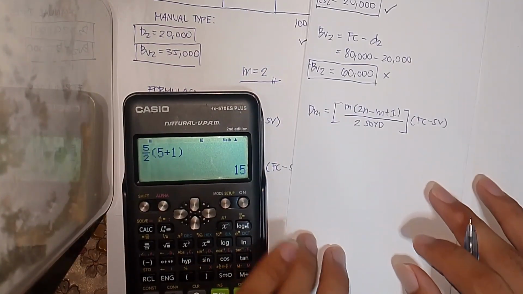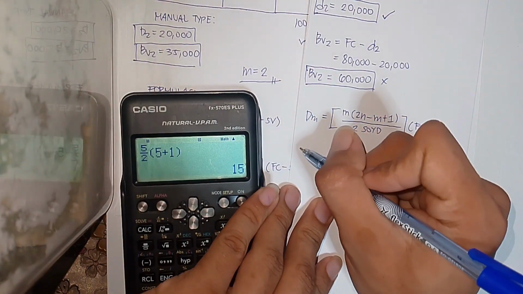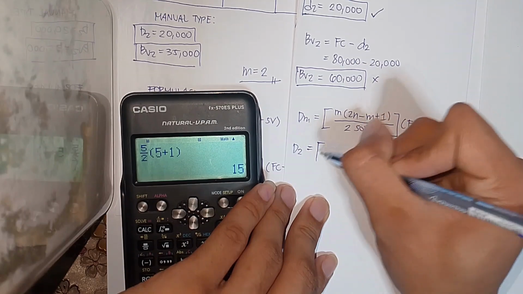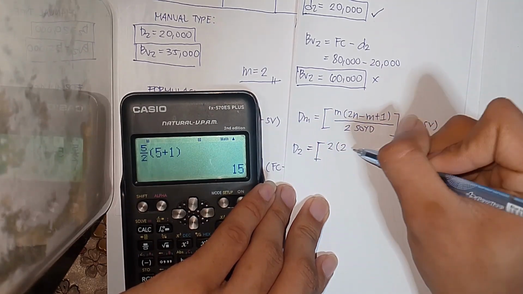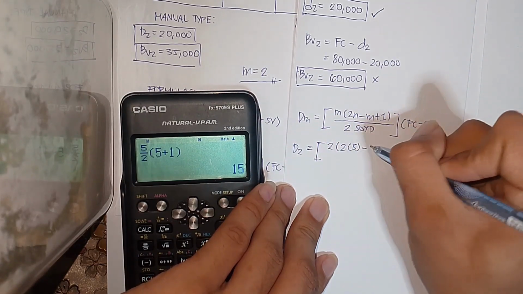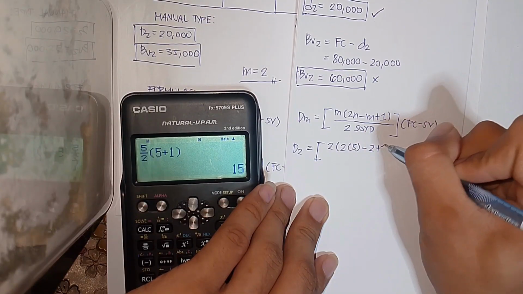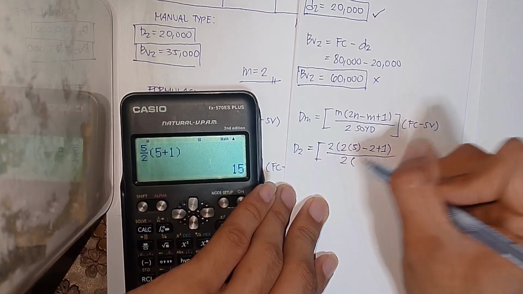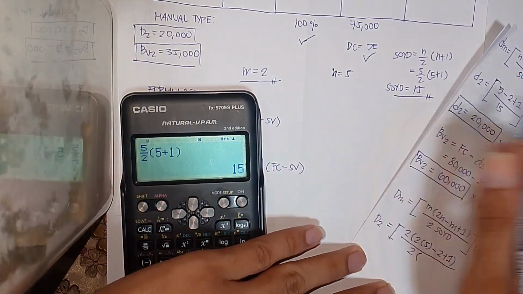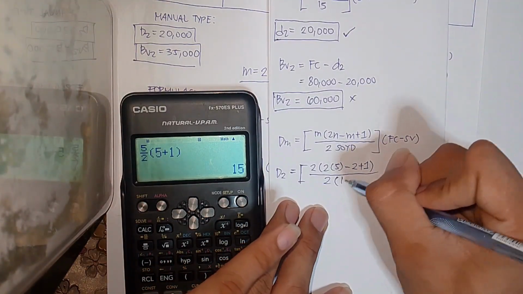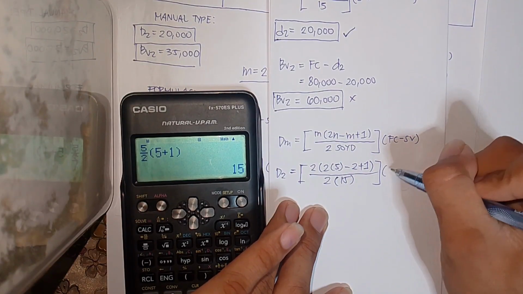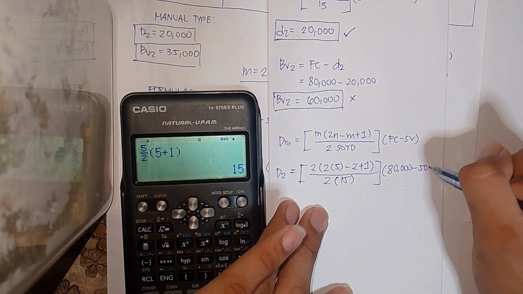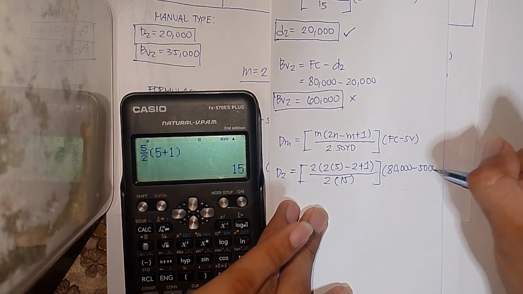So to continue, substitute the values. D2 is 2 times (5 minus 2 plus 1) over 2 times 15, which is the SOYD, times FC, which is 80,000 minus 5,000.